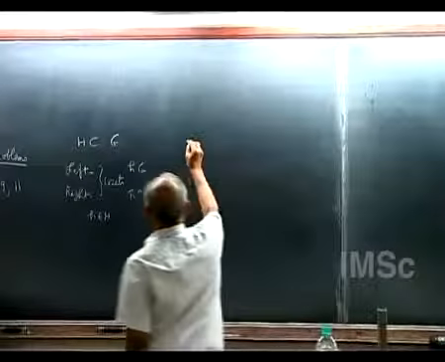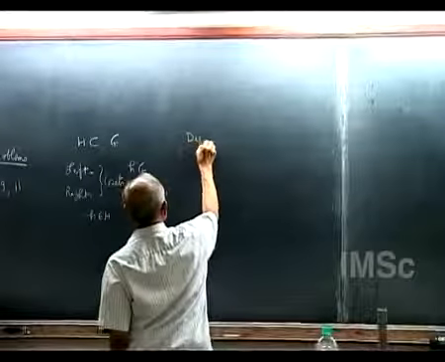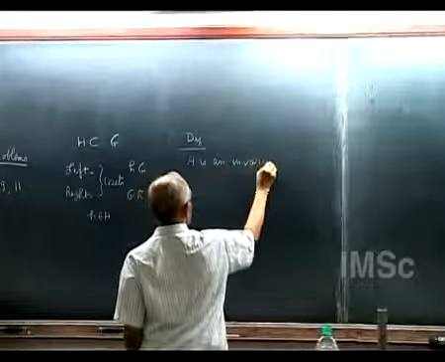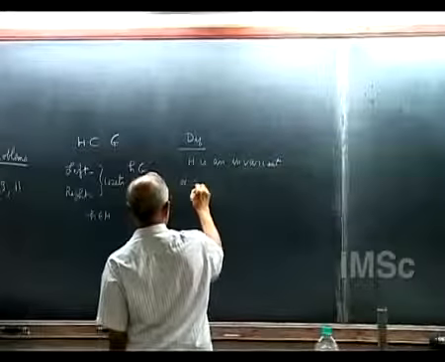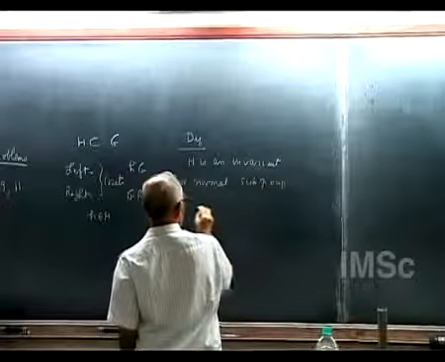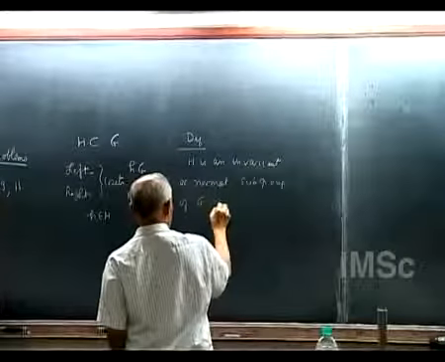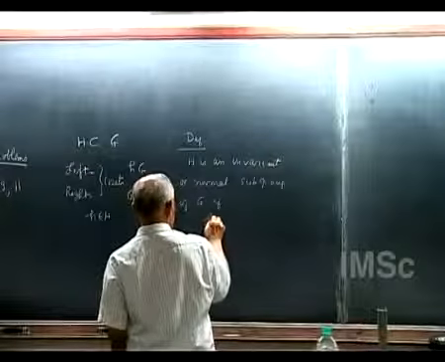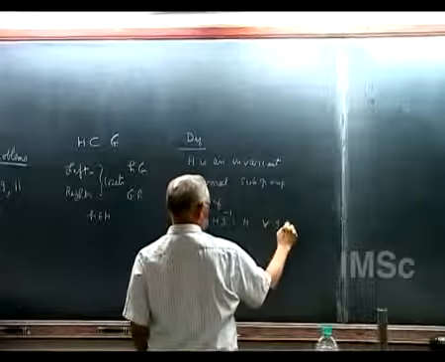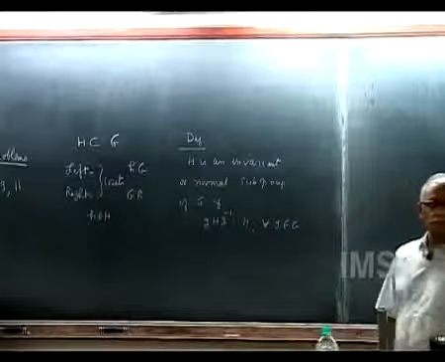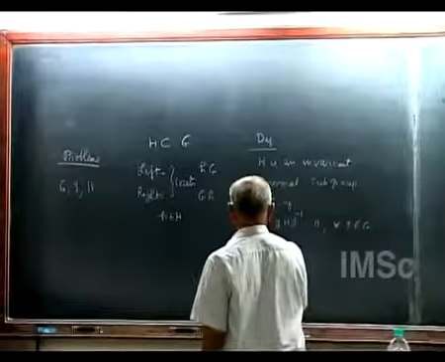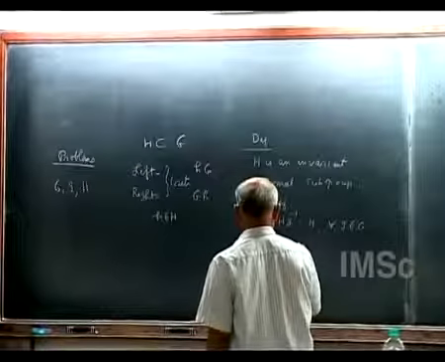Then we gave the definition: H is an invariant or normal subgroup of G if, let us say, GHG inverse is H, for all G in G, or GH is equal to HG, okay.